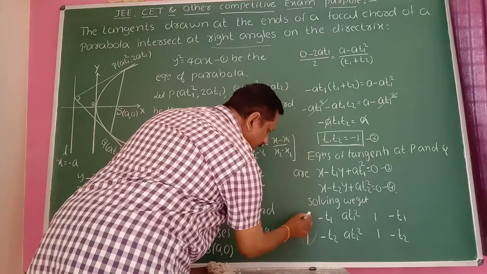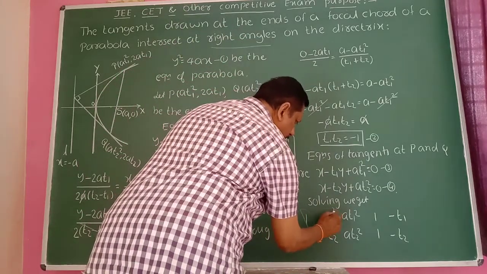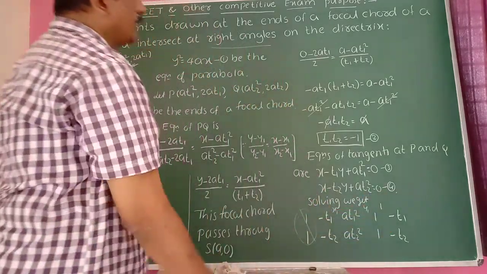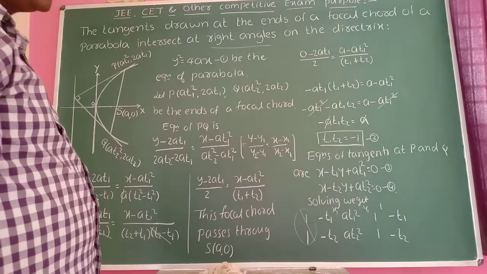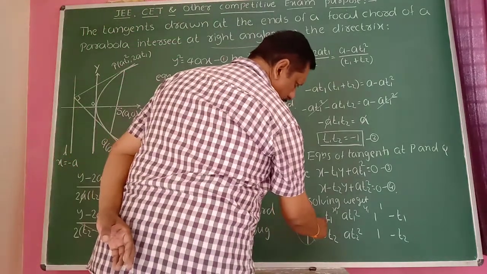Cancel these numbers, then take x, y, and 1 here, using the cross multiplication method. Therefore this into this.